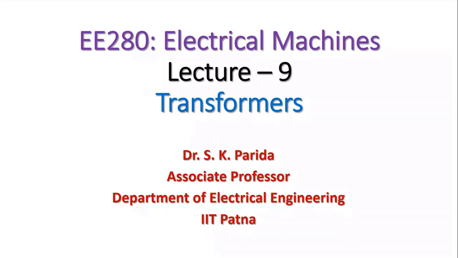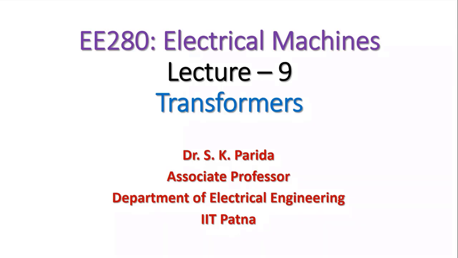So transformers, last class we discussed an ideal transformer where we neglected the losses, without considering the resistance of the winding and without considering the leakage flux. And also we neglected the loss in the magnetic core, that is the magnetic loss, or core loss we call it, right?